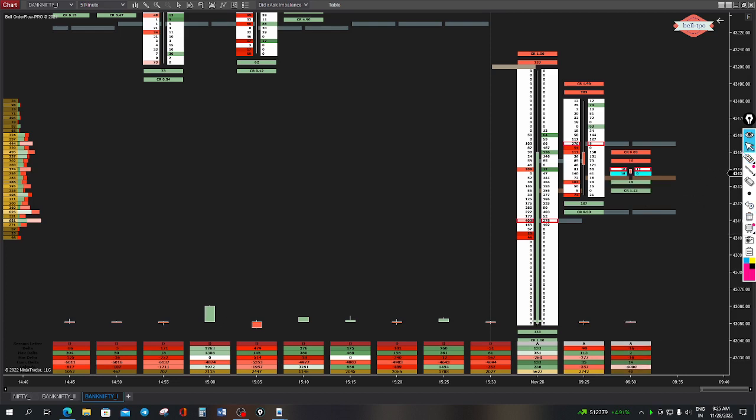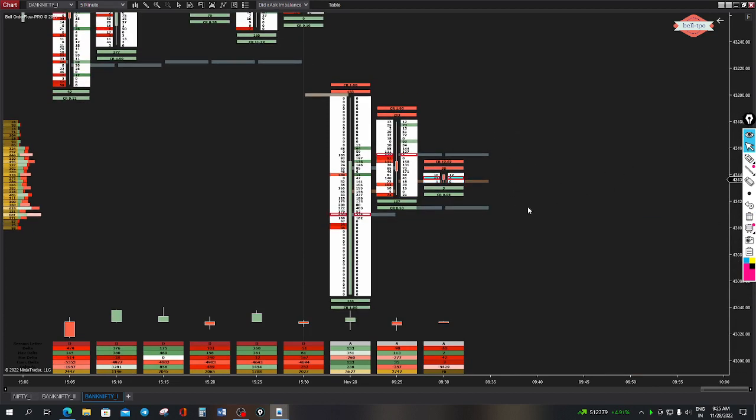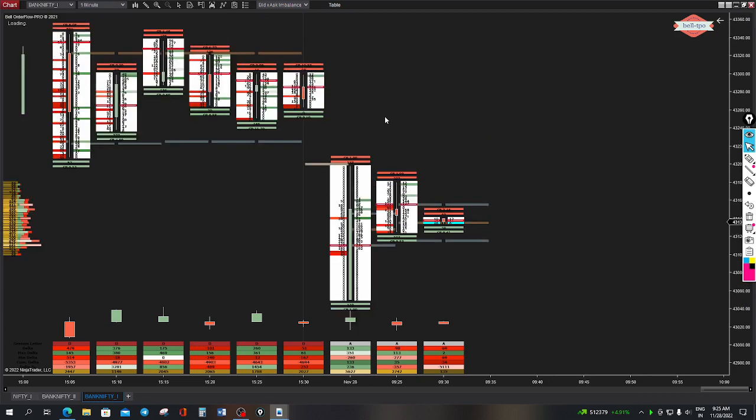Now the market is indecisive, so it is not moving either up or down. Let me wait for some more time. Let me put in the 1-minute chart.